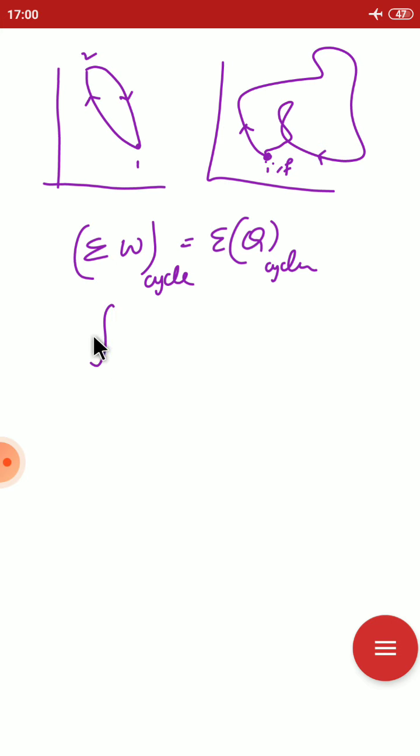It can also be written as the cyclic integral of dQ is equal to the cyclic integral of dW.